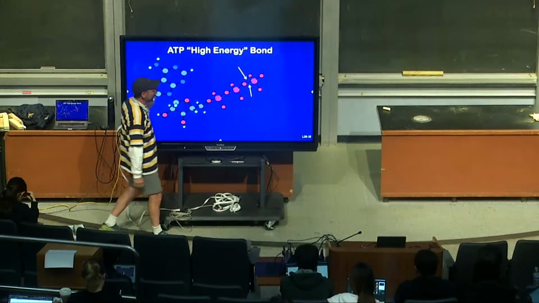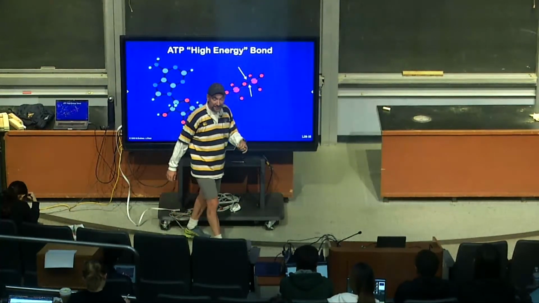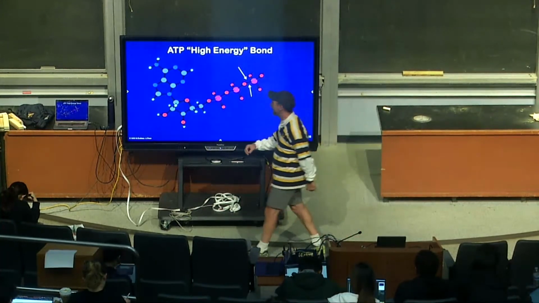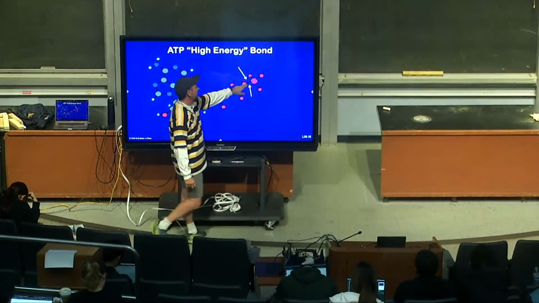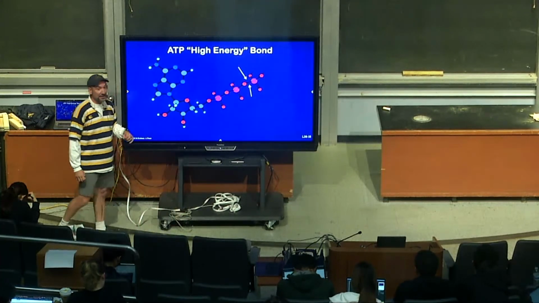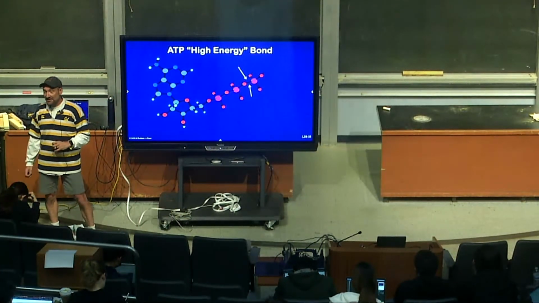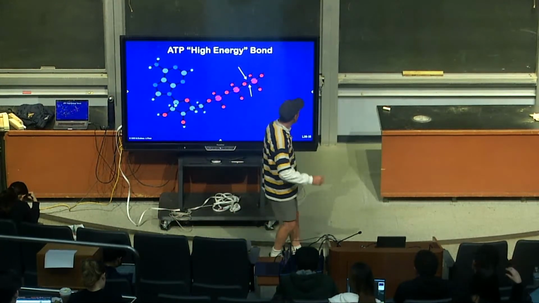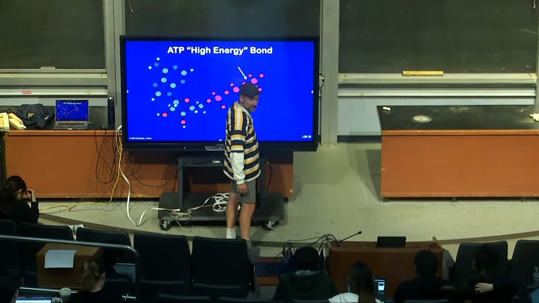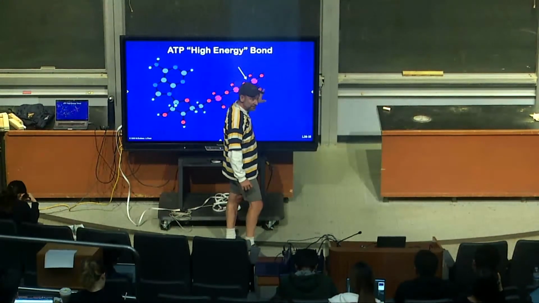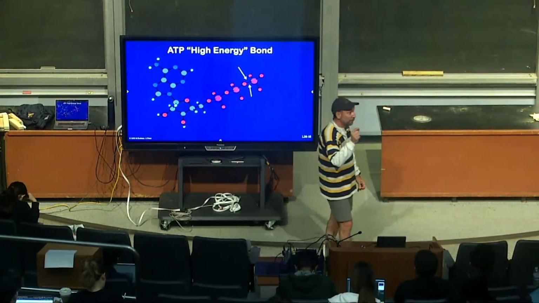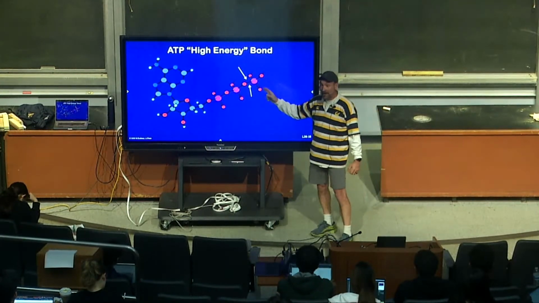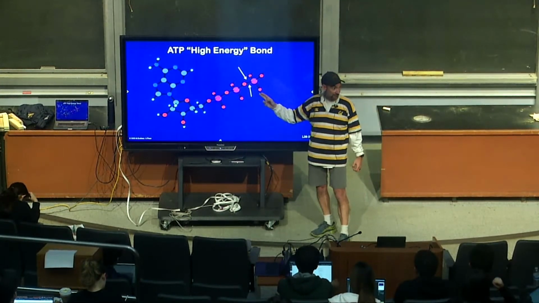This bond here is what we saw a couple weeks ago, and they called it a high energy phosphate bond, saying when you break that bond, energy is released. We know that's not the case. It is the case that this hydrolysis reaction is exothermic, but if you take nothing else home from Chem 1, take home the fact breaking bonds always requires energy.